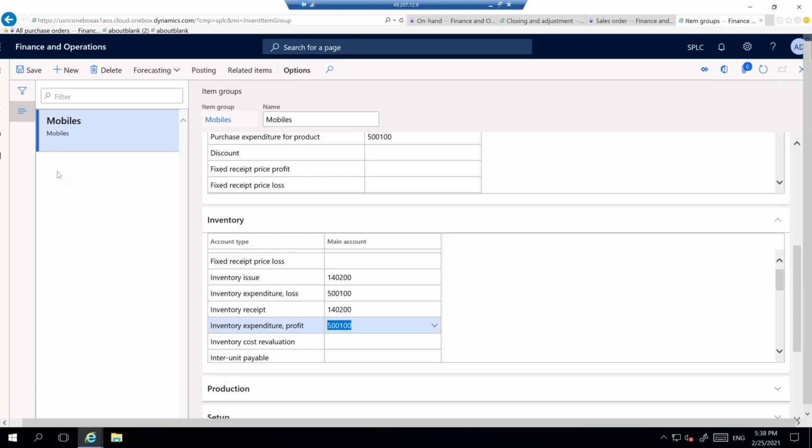You can have another item group and you can map different ledger accounts. Those items we created, FIFO and weighted average, are part of this mobiles item group. Yes, we have created only one item group. Okay, fine. Clear your doubt?